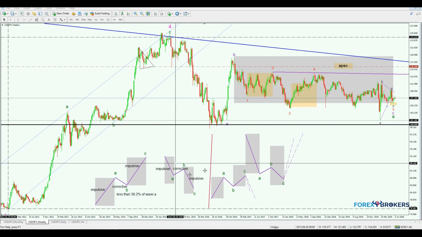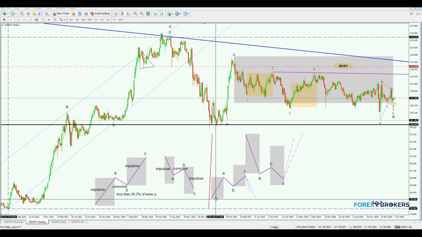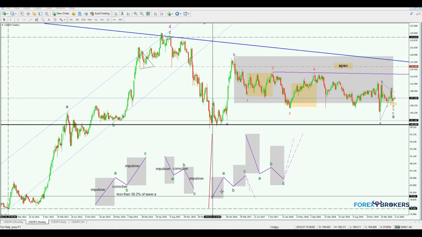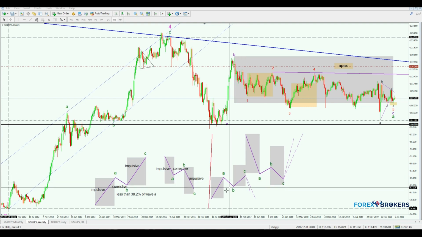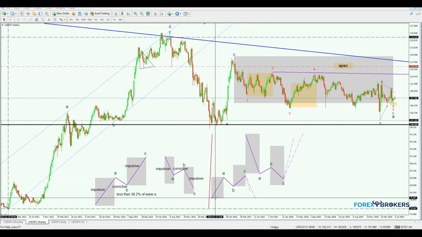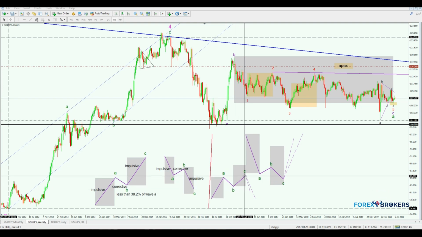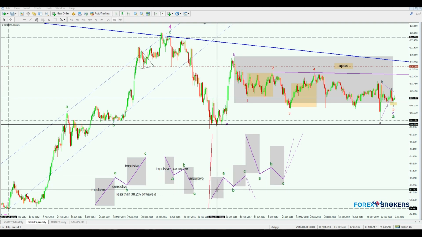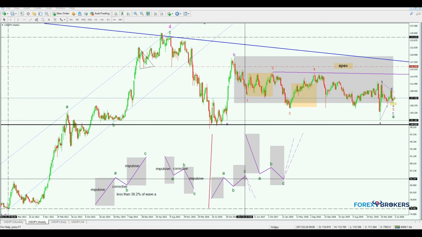Moving forward, we've discussed the three types of zigzags that depend on the length of the C wave. For the truncated zigzag, the most important thing to remember is that the C wave is shorter than 61.8 of wave A, and the price action that follows a truncated zigzag always retraces a minimum of 80% of the entire zigzag and often 100% of that zigzag.